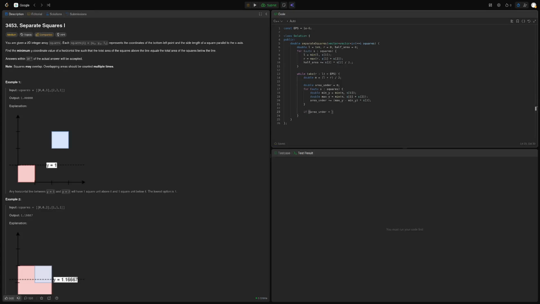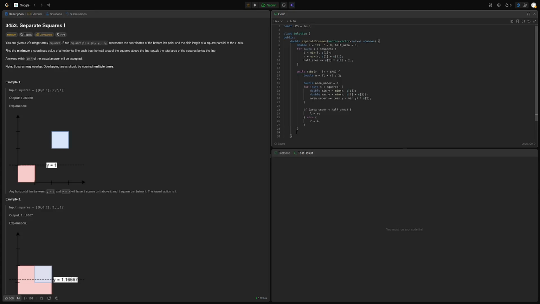Okay, and now if area under is smaller than half area, so we are not at the y, the y is not high enough, right? Then we need to increase this, otherwise we do this. So we don't care about plus minus 1 since this is continuous variables.